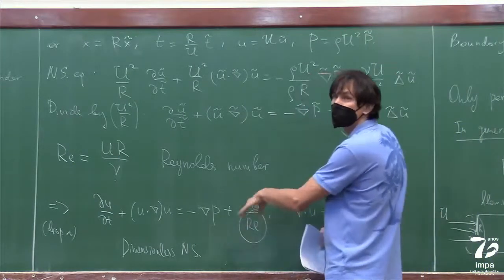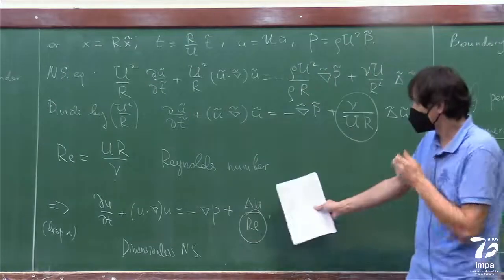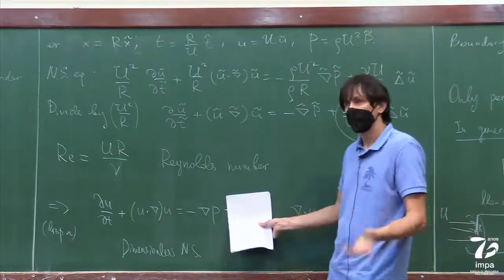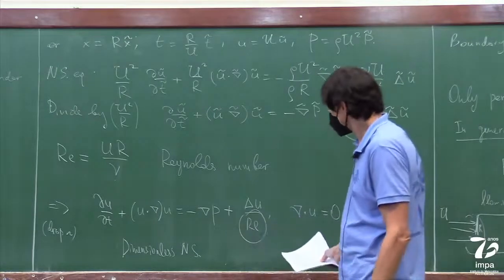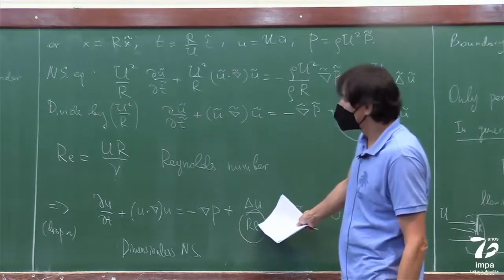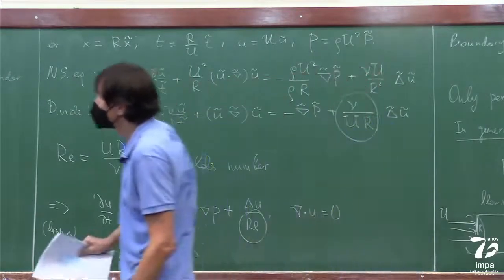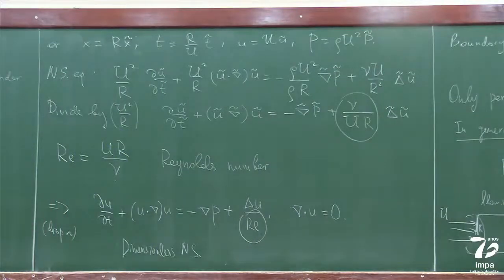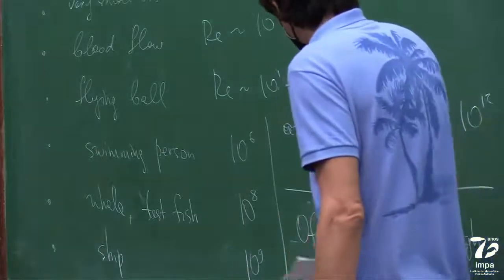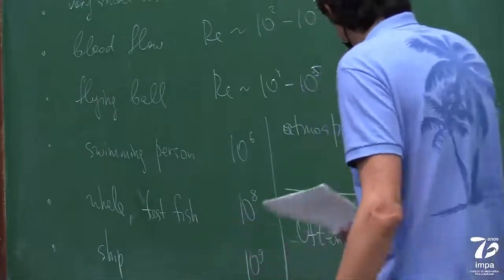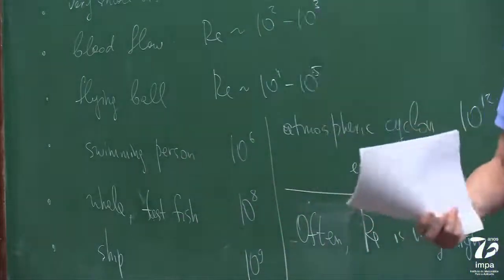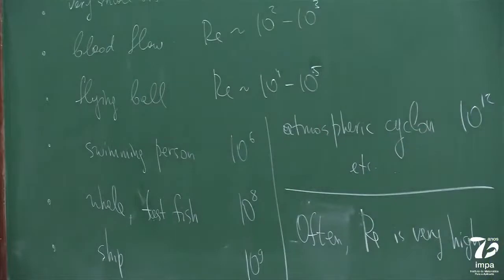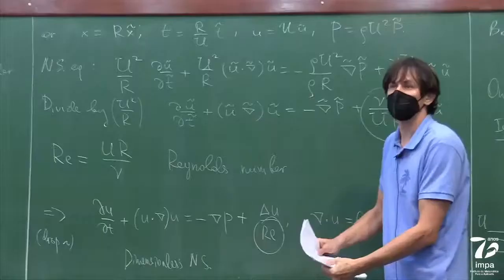So in the zero approximation, I just remove this term and use these equations. And the denominator is not only very big, it can be enormously big. For example, for atmospheric phenomena, it's 10 to the power 10. You cannot even make any numerical simulations with a number like this.